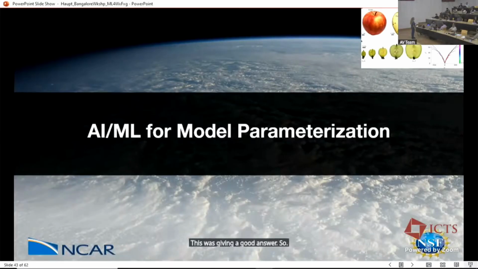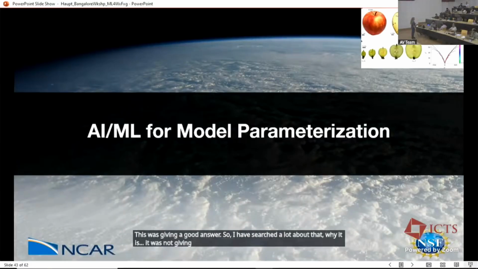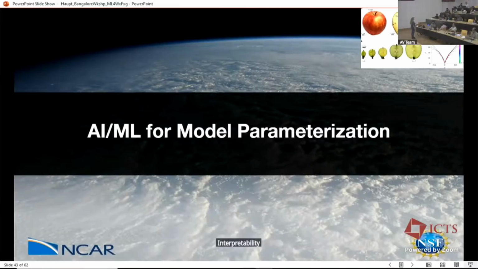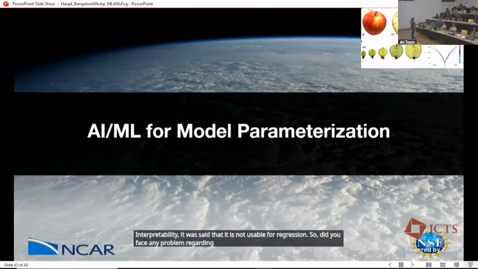I have searched a lot about why it was not giving good interpretability. It was said that it is not usable for regression. So did you face any problem regarding regression or classification? Not in this particular case, but I'd love to chat with you more later to hear what you've been doing.